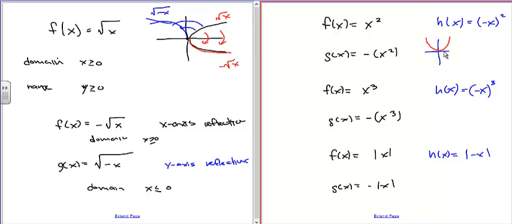The thing is that when x equals 1, the reflection across the x-axis would look like this. So that goes with this one. If you reflect across the y-axis, it's going to look exactly like this.